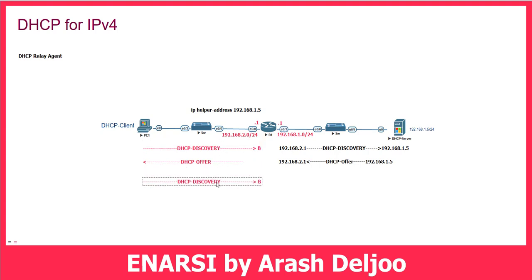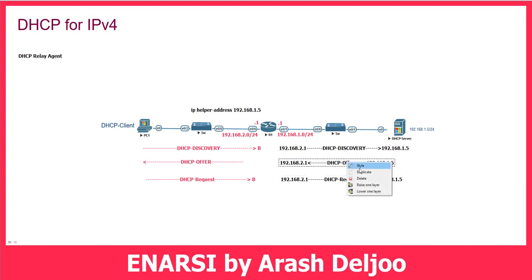Again, you know that we should send a DHCP request from PC1. PC1 doesn't know anything about the relay agent, and here again router 1 should create a DHCP request from its IP address to the IP address of the DHCP server.